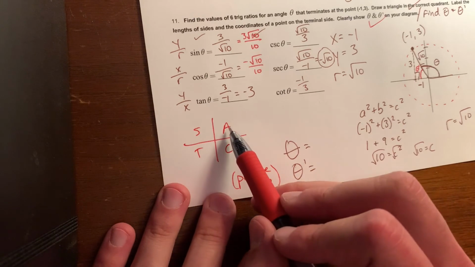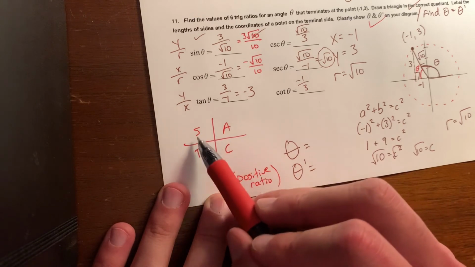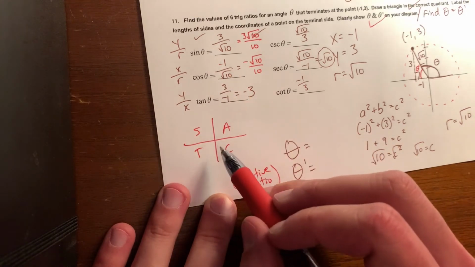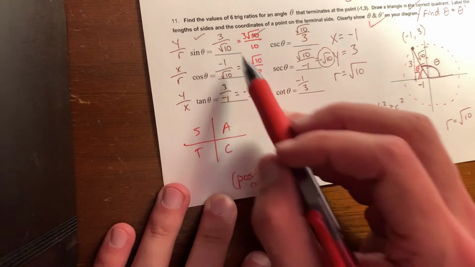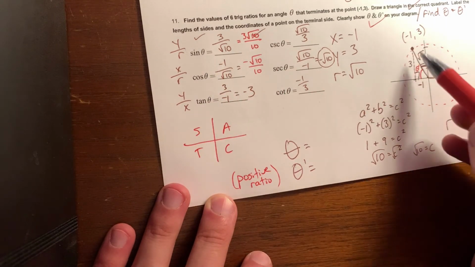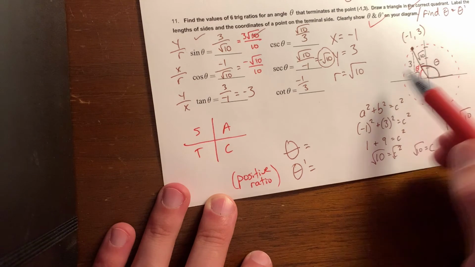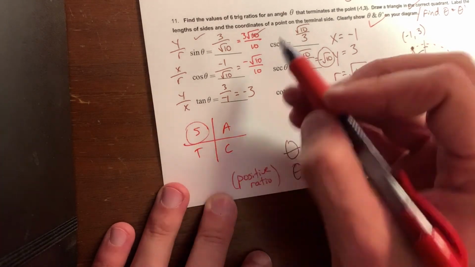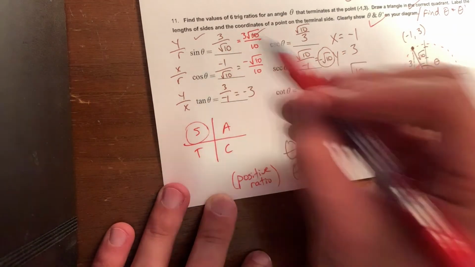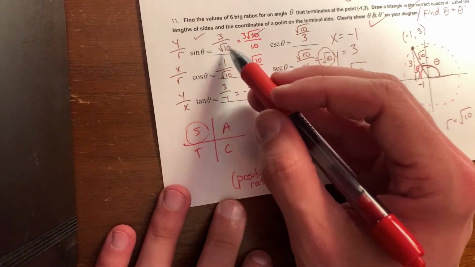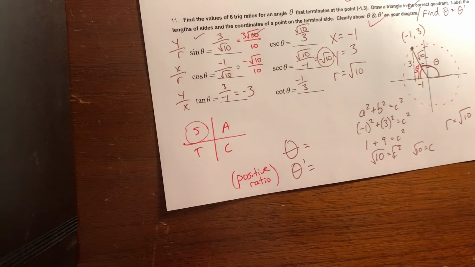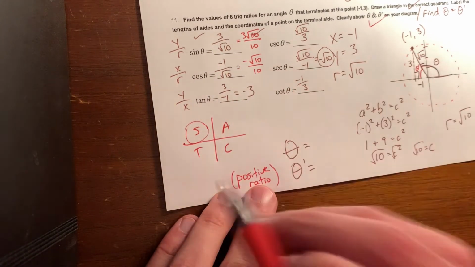This tells us what trig functions result in a positive ratio in particular quadrants. This point being in quadrant 2 tells me sine is my positive one, and that is 3 over square root of 10. That's my positive ratio. The other ones are negative, so I can't use those.